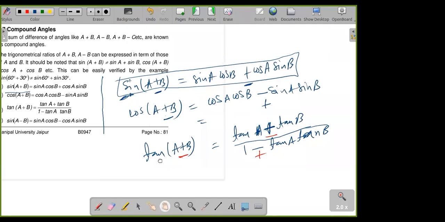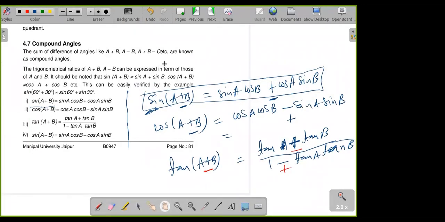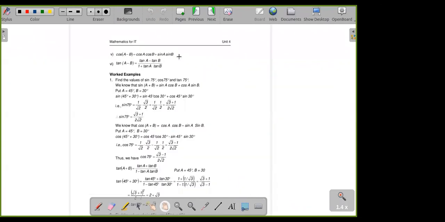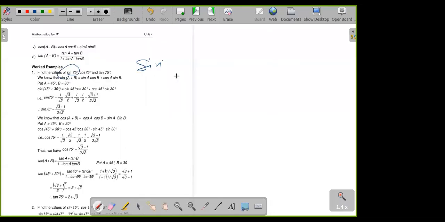We have to find the value of sine 75 degrees. So we have to think about which values we already know in the standard angles. I remember 30, 45, 60 and 90. These are standard angles, so between these angles we try to filter it out.